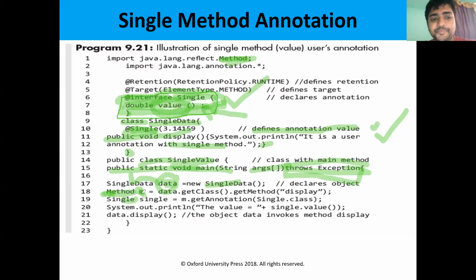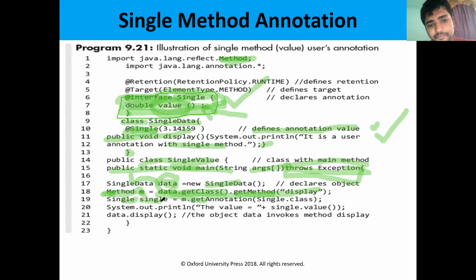Method m is an object equal to data.getClass().getMethod("display"). These are some predefined methods that exist in the class Method.